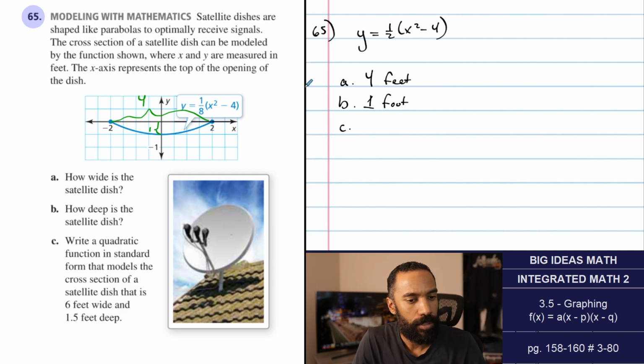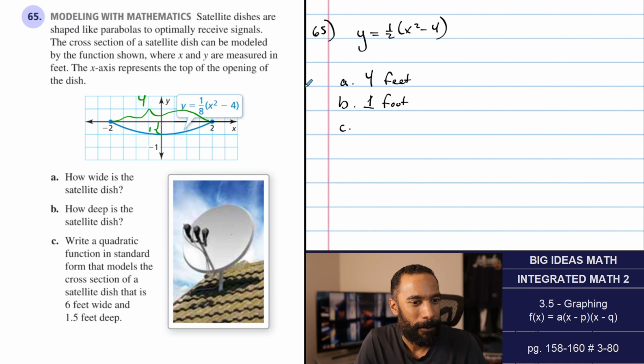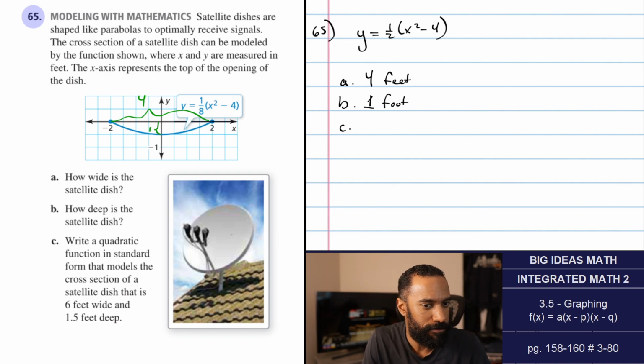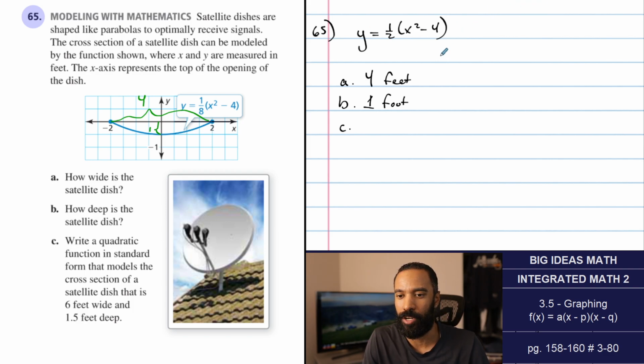Okay, so, what? I guess they want you to make an equation off that from this. So I understand where the 6 feet wide can come from. I guess we got to do our thing from before.